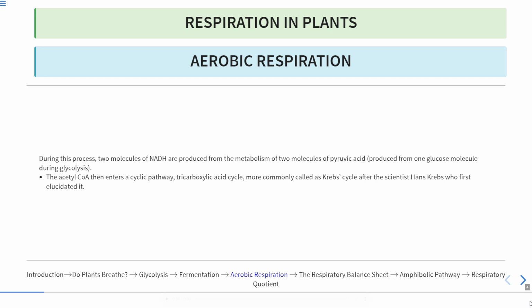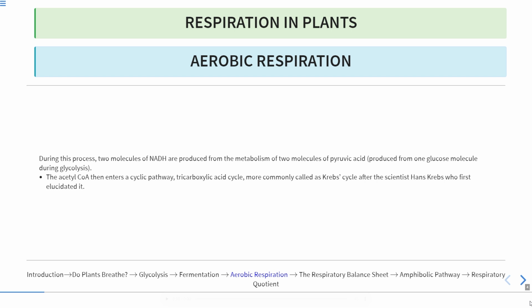From 1 glucose molecule you get 2 molecules of pyruvic acid. Now these 2 molecules of pyruvic acid form how many molecules of NADH2? 2 molecules of NADH2, 1 by each.